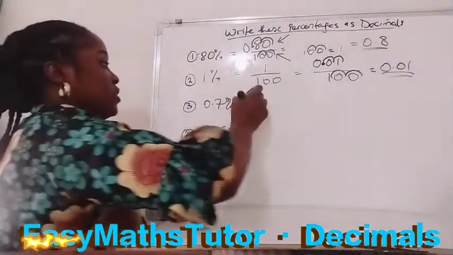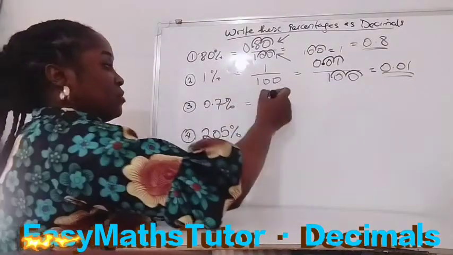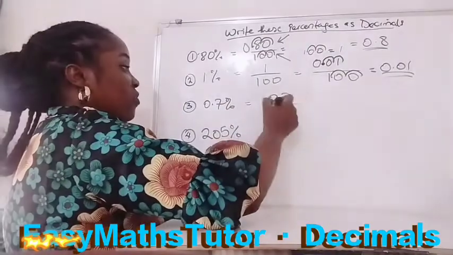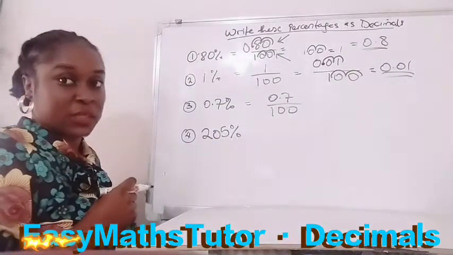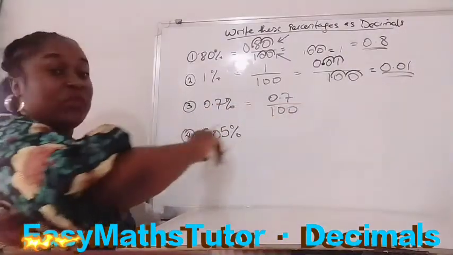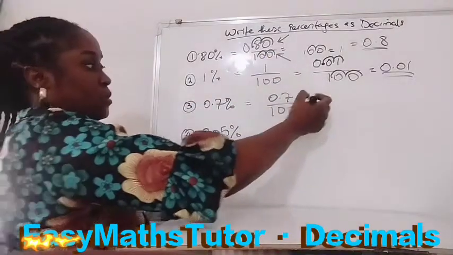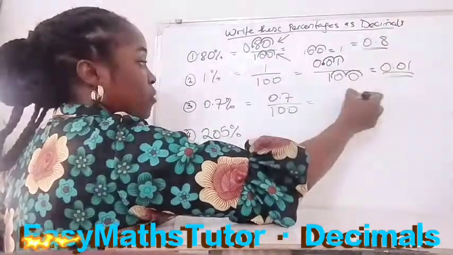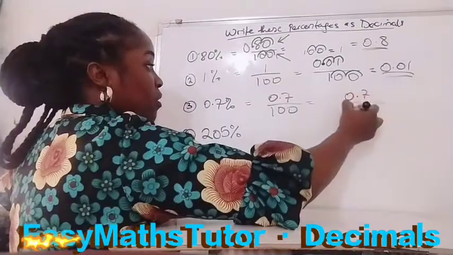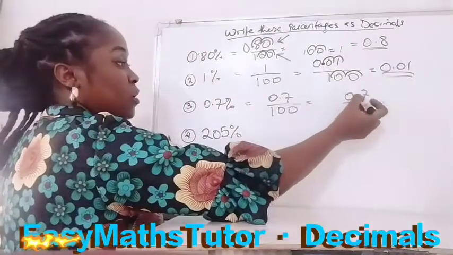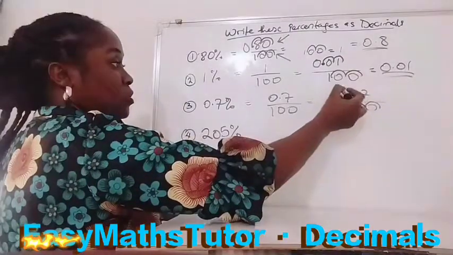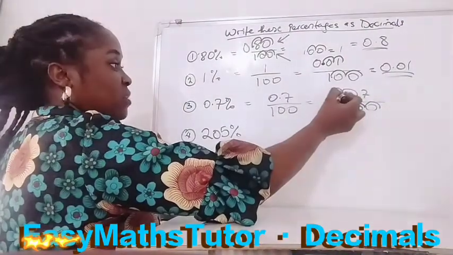So the third question, 0.7%. 0.7 over 100. It's already a decimal percent. So write 0.7 over 100. From here we'll count 2 times, 1, 2. Here we'll also count 2 times, 1, 2. This is where the decimal ends.